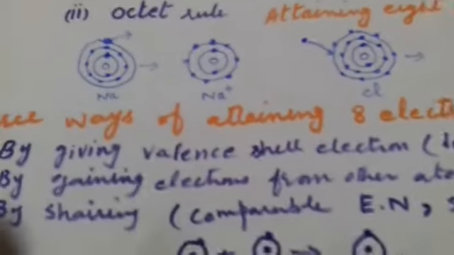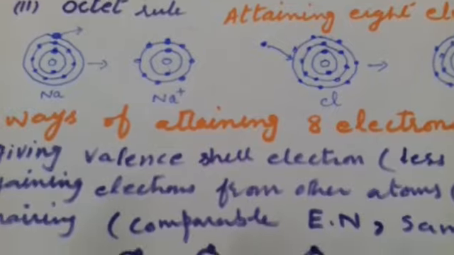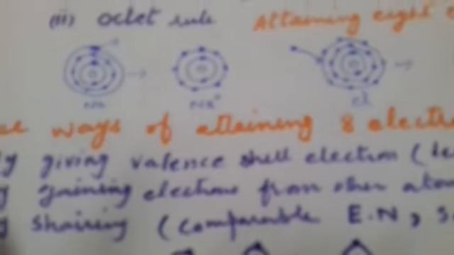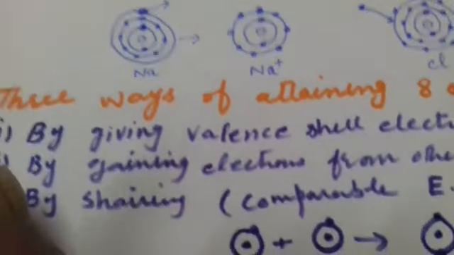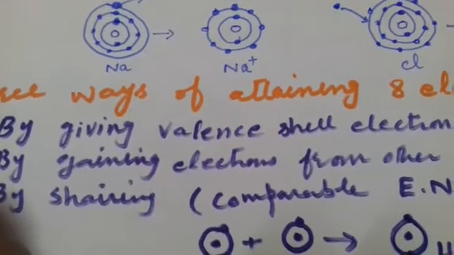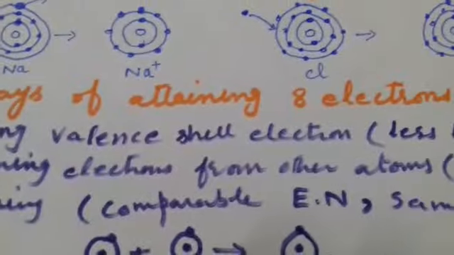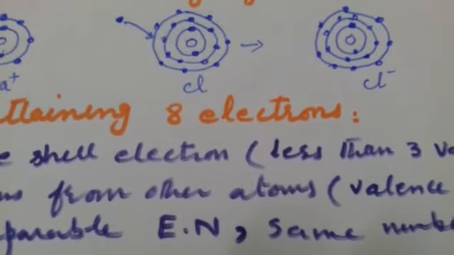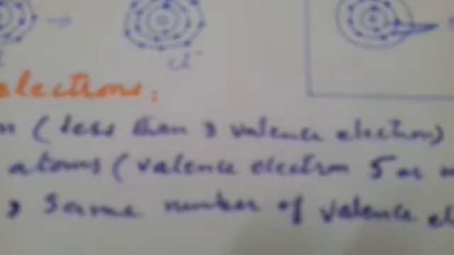Now the different ways of attaining 8 electrons in the valence shell are as follows, as I have written here. Number 1 is by giving away the valence shell electrons, and it happens when the atom has less than 3 electrons in the valence shell.